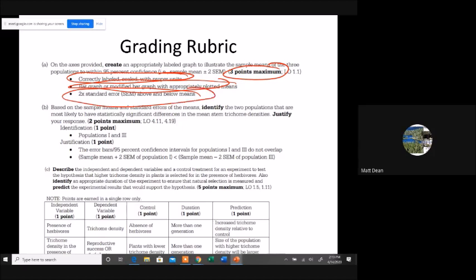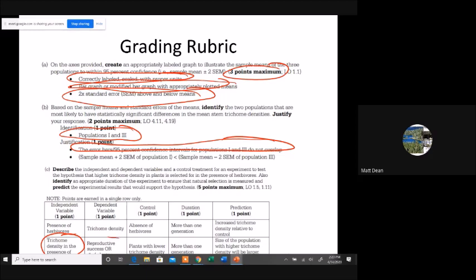For part B, first of all, identifying the 2 populations that were most likely to be different. That's number 1 and 3. And then the justification was essentially that the error bars for those 2 groups don't overlap. 2 points on part B. And then on part C, 1 point for identifying the variable. And notice the way that I did mine was the bottom way they did it here. So the trichome density.